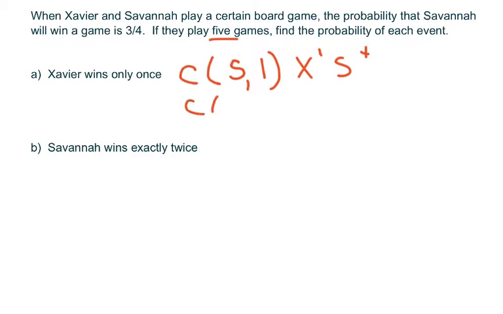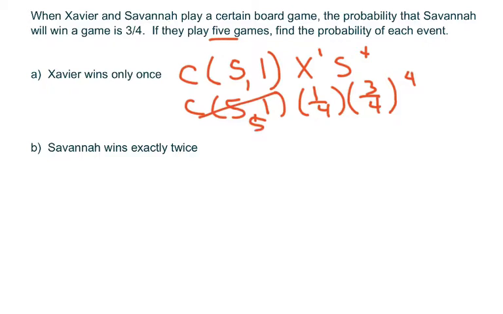So that would be Xavier is 1/4, Savannah is 3/4. This equals 5. You multiply that across, and you get 405 over 1024.